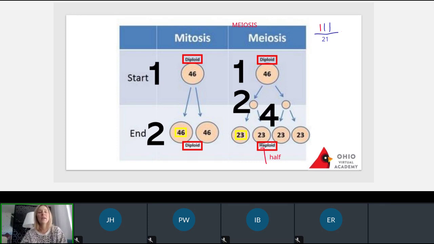Our 23rd pair is our gender determining chromosomes. And our gender determining chromosomes, there are 2 options, all right? Who knows what your chromosomes look like if you are biologically female? If you are biologically female, almost. Females are XX and biological males are XY.